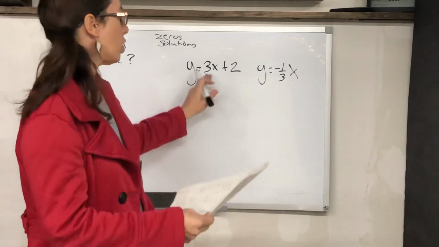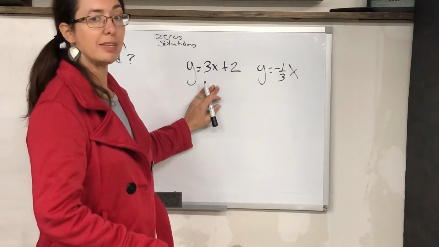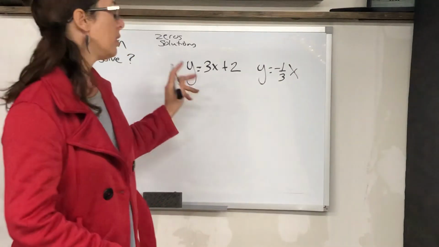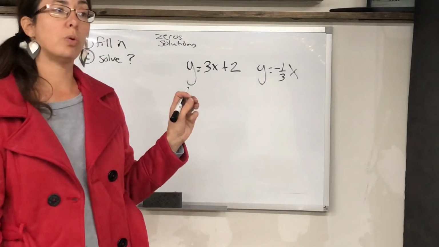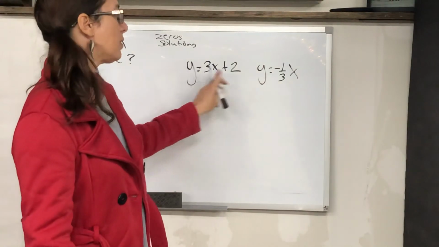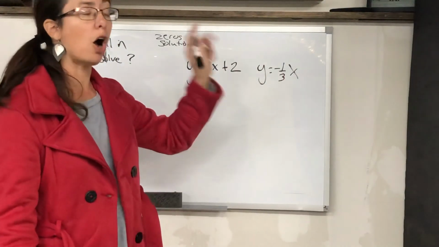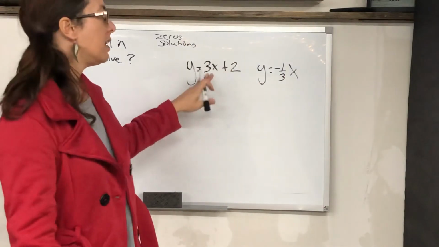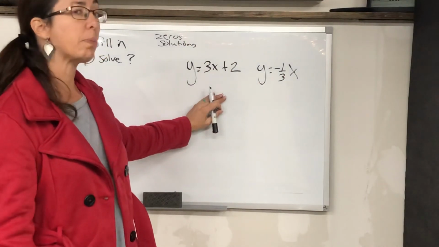Yes, we know that they cross somewhere because they don't have the same slope. Two, do they cross in a special way? Yes. This one's 3 and this is negative 1/3, so automatically I've got negative reciprocals, so I know that these are perpendicular lines.